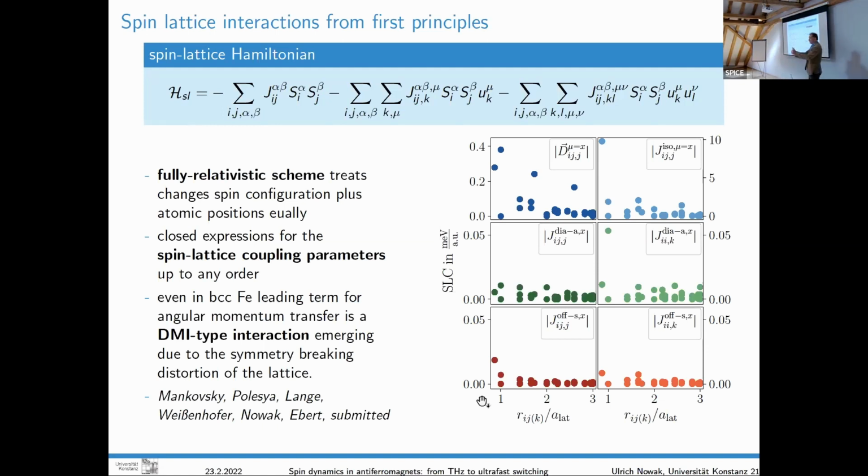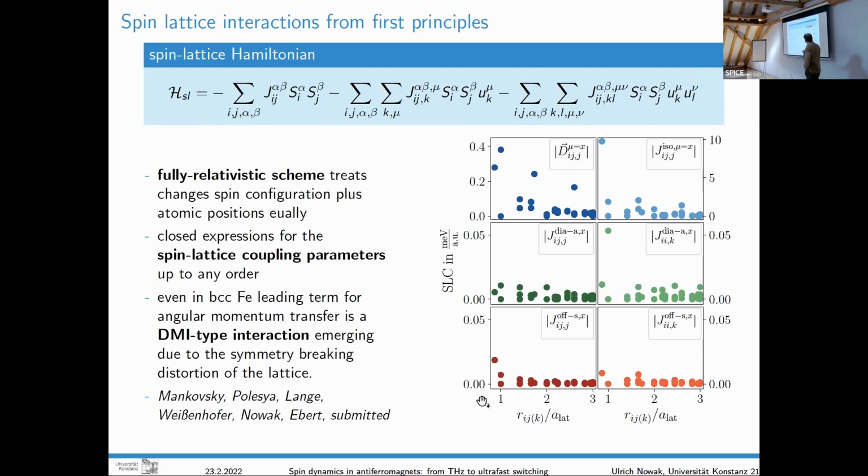So two spins, the interaction changes because that atom is displaced and so on. And they, in Munich, found a new scheme to calculate this. You could say it's like the Liechtenstein formula that you might know for the Heisenberg exchange, but now generalized for this displacement of a third atom. So they can calculate that.